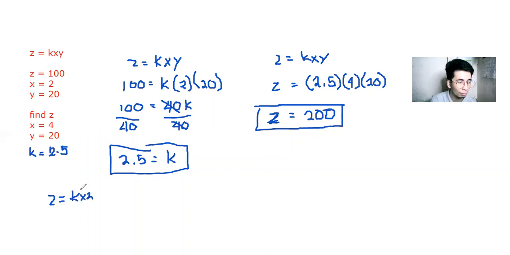Kung ano mang variables yon, gagawin lang natin, si k kasi alisin natin. Then, divide natin both side by z, cancel si z, magiging k is equal to xy over z.